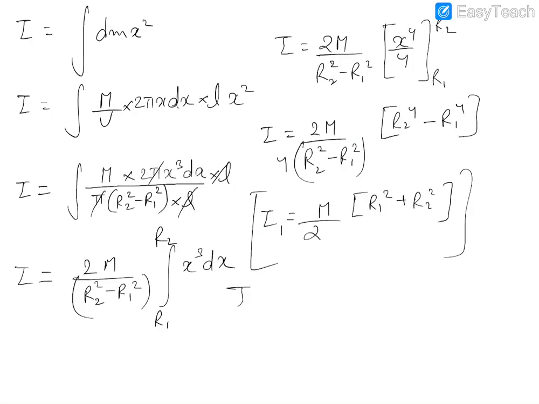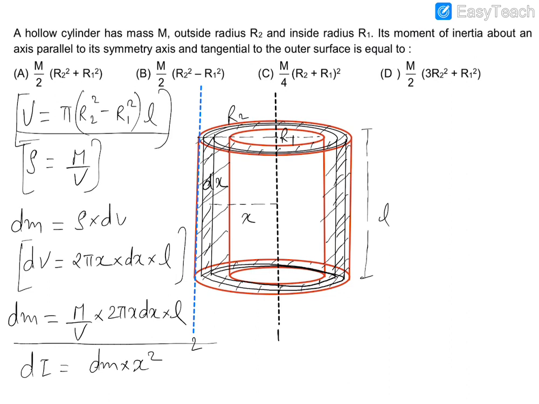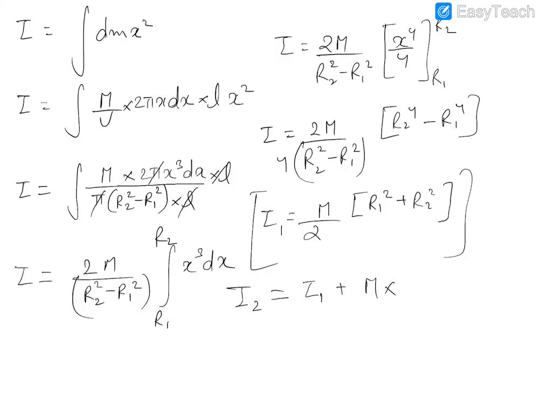So now to find out the moment of inertia about the axis number 2, I2, we can apply the parallel axis theorem. So the parallel axis theorem will be I2 is equal to I1 plus m into distance squared. Now the distance between these two axes is equal to r2, so it would be m into r2 square.